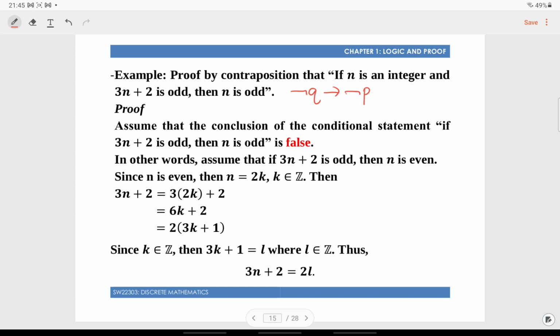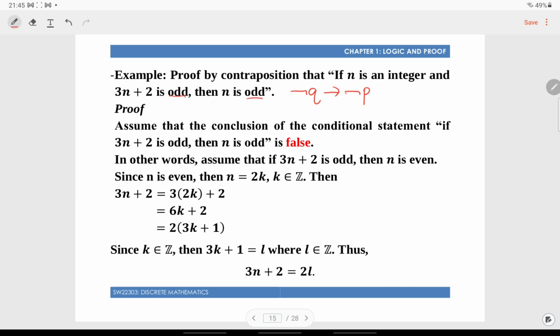Okay, so in other words, we need to assume that if 3n plus 2 is odd, then n is even. Because in the original statement, if 3n plus 2 is odd, then the conclusion is n is odd.